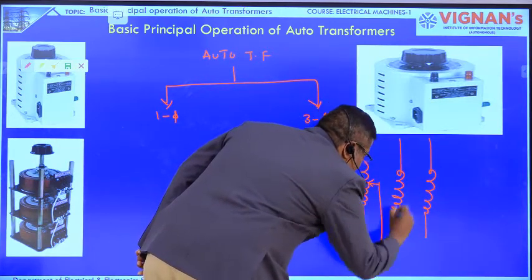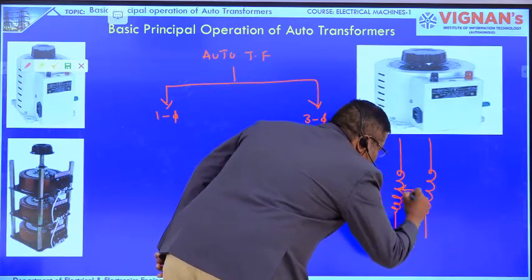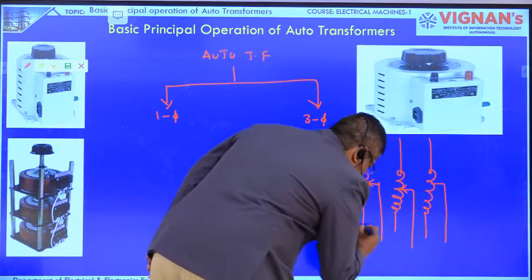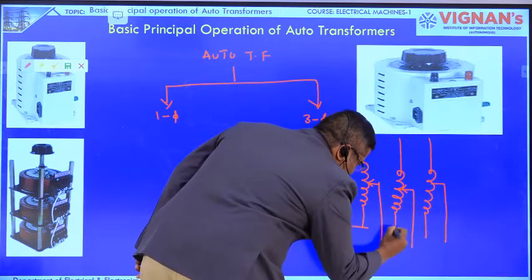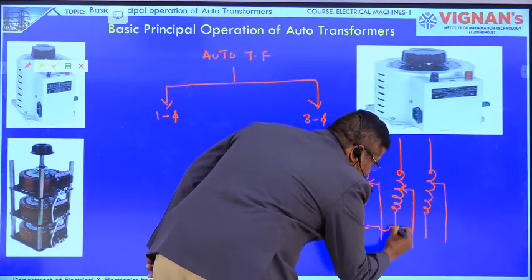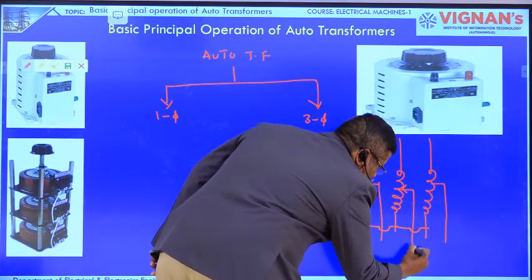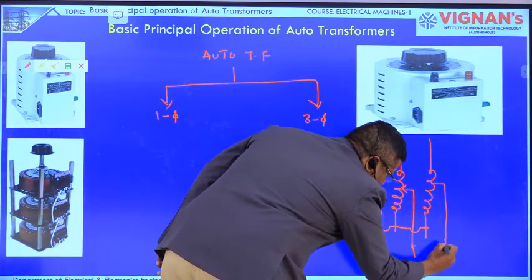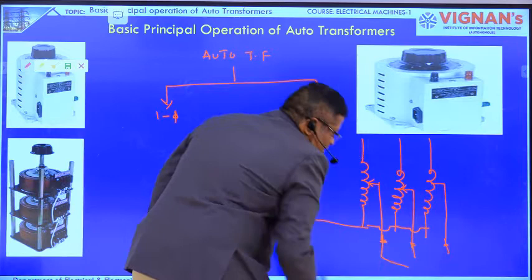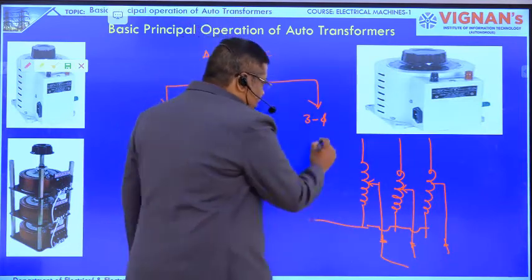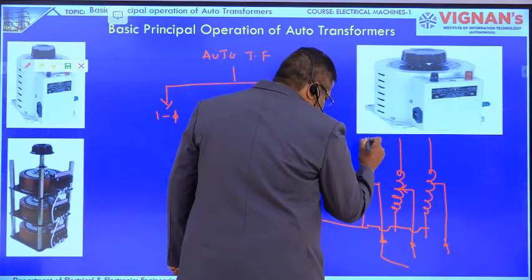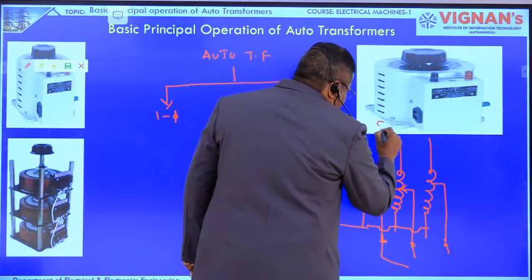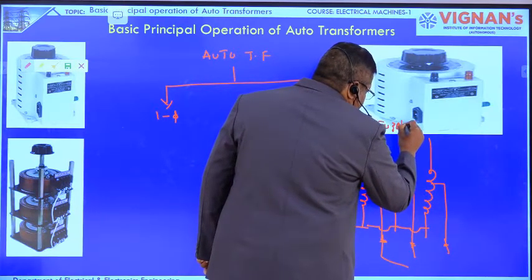From each winding, one variable point is taken outside. These are nothing but the secondary side, where the secondary voltage is available. See here, we are giving a supply. If you give supply here, this is nothing but the primary.